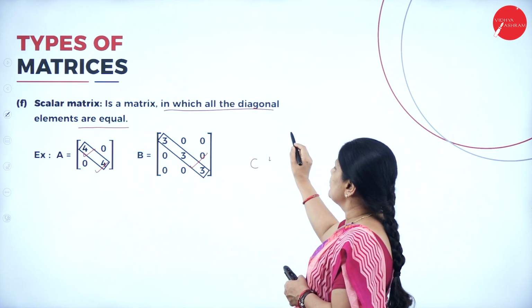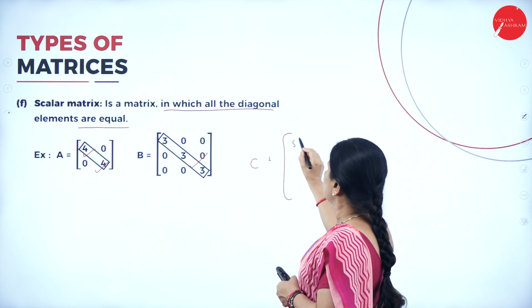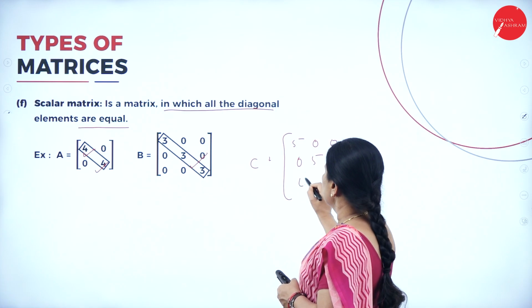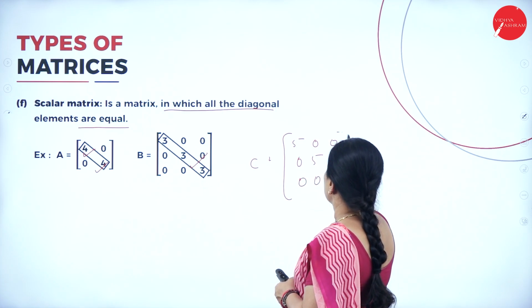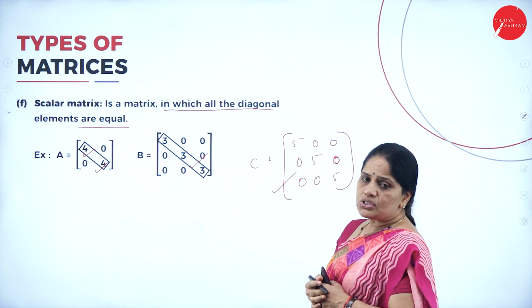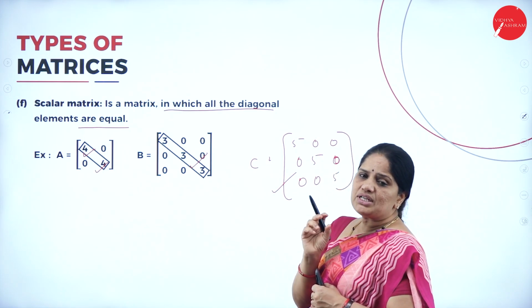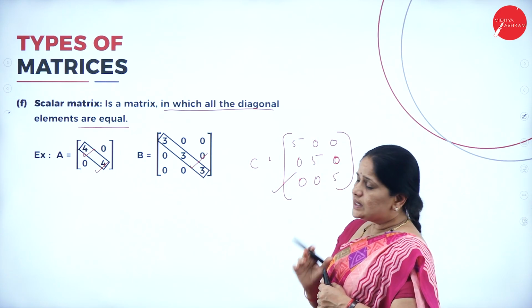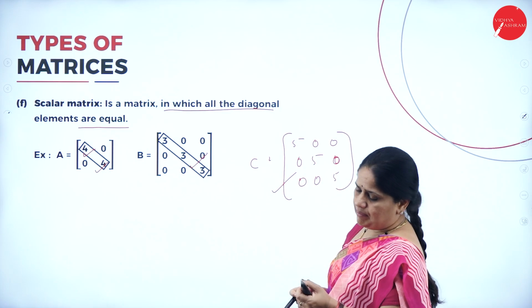Now I can write one more. If I write 5 0 0 0 5 0 0 0 5, this also becomes a scalar matrix. So only the diagonal elements should be the same and all other elements should be 0. Then we call it the scalar matrix.